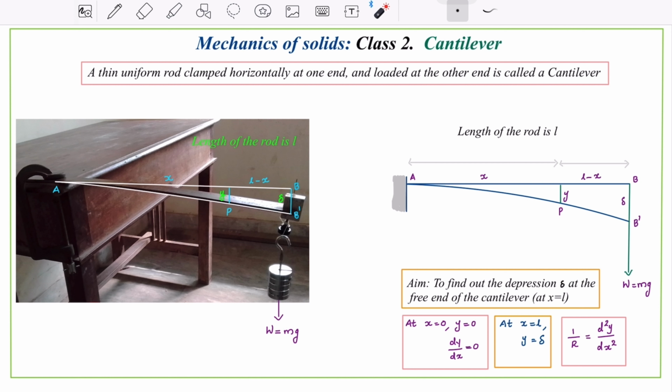Delta is the depression at the free end of the cantilever. When the cantilever is loaded at the end L, that end will undergo deflection. Suppose the position is changed to B dash. Now, how much is the end deflected? That is given by the depression delta. And we have to find the expression for this depression delta. That is our aim.